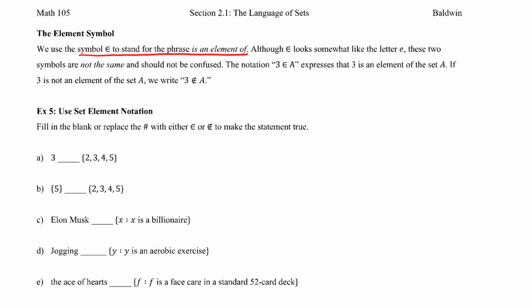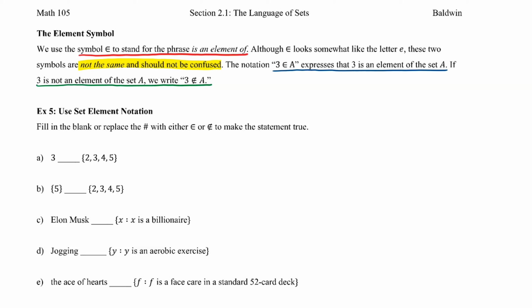And so while it does look like the letter E, they are not the same and should not be confused as such. Okay. This notation, so 3 with our element symbol of A, is telling us 3 is an element of the set A. If 3 is not an element of that set, then we draw that same symbol and just draw a diagonal line through it.